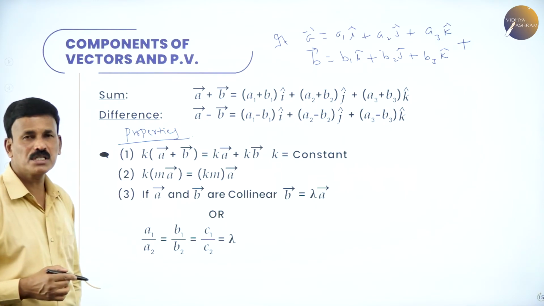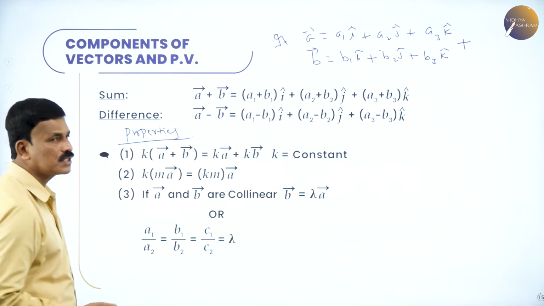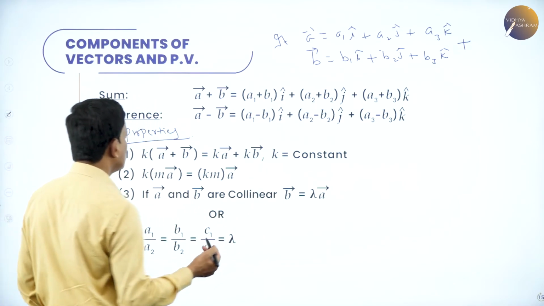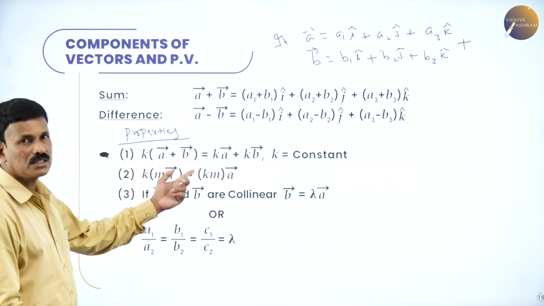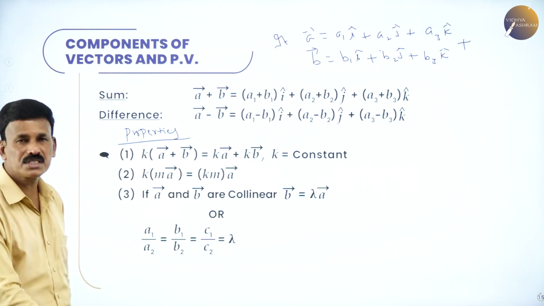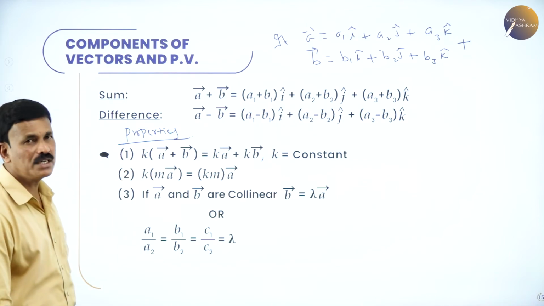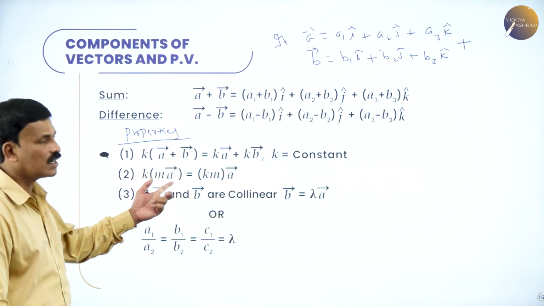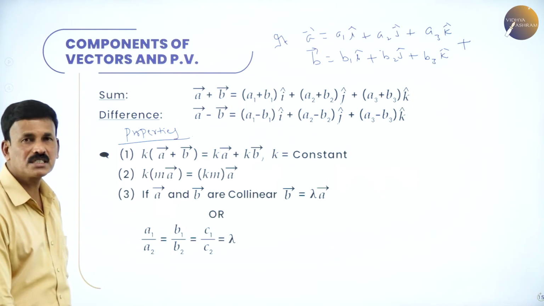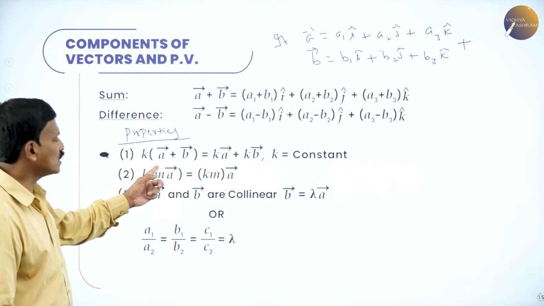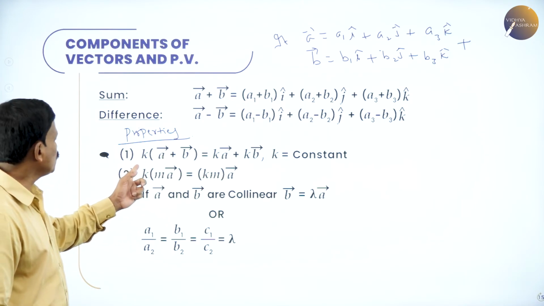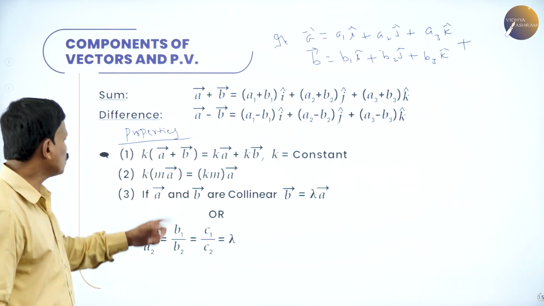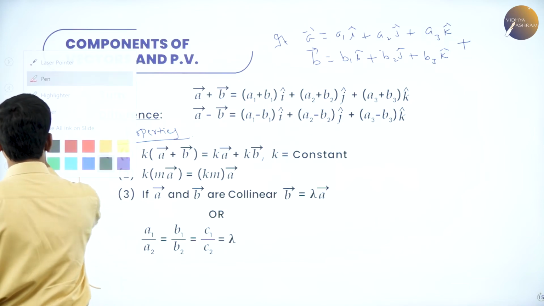K into vector A plus B is always equal to K into vector A plus K into vector B, where K is a constant. That means if you multiply any vector by a constant, then multiply the whole vector by that constant K. If the sum or difference of any two vectors is multiplied by a constant K, then you can multiply the individual vectors by that constant K: K into vector A plus K into vector B. If it is minus, you can also take the negative sign.